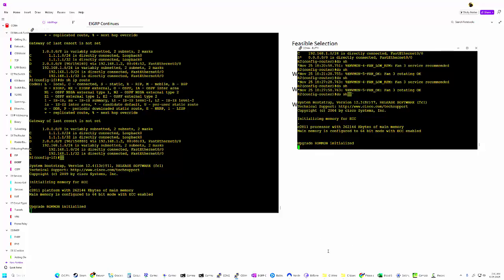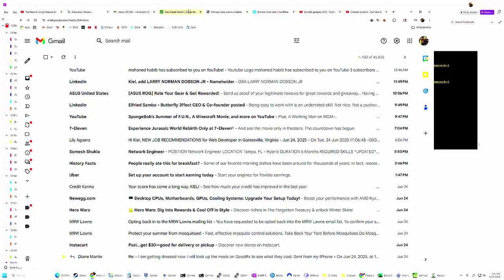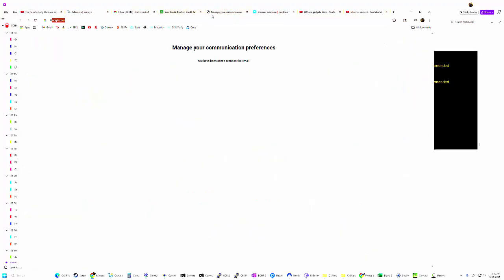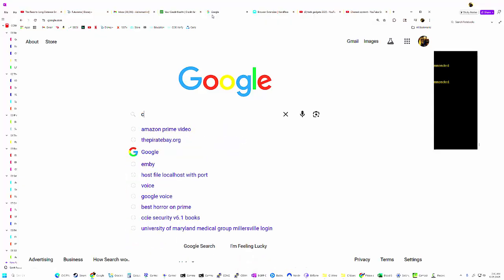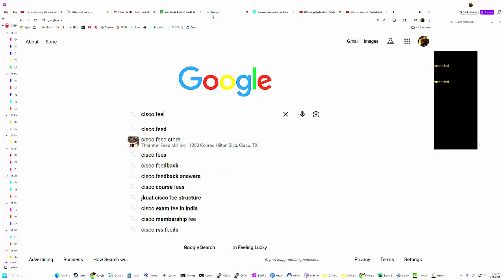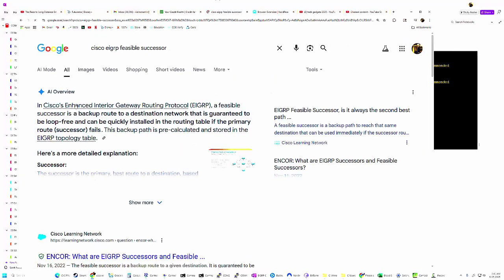Okay, while they are booting, you know what we're going to do? I'm going to see if I can find, okay, in Cisco Enhanced, which is EIGRP, a feasible successor is a backup route.